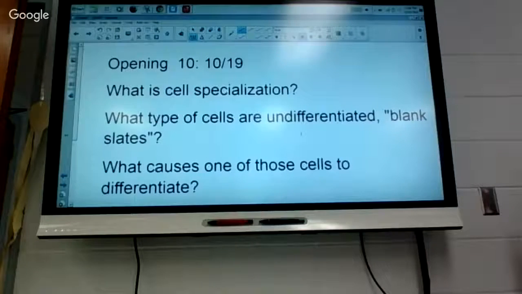It has a lot of iron in it. So if you're anemic, you have low iron, and that means you can't carry oxygen and CO2 as efficiently. Sometimes it can also be genetic.